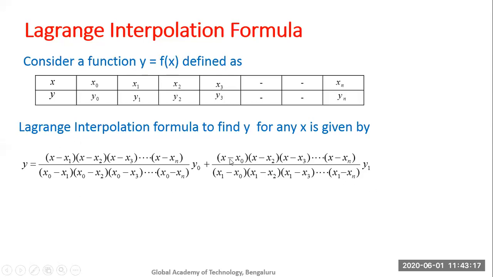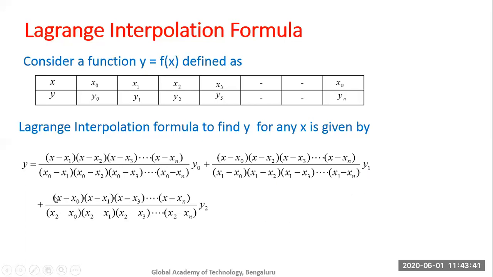The second term is x minus x0, x minus x2. Here we don't take x1, so x minus x2, x minus x3, up to x minus xn. That x1 appears in the denominator: x1 minus x0, x1 minus x2, and so on up to x1 minus xn, multiplied by y1.